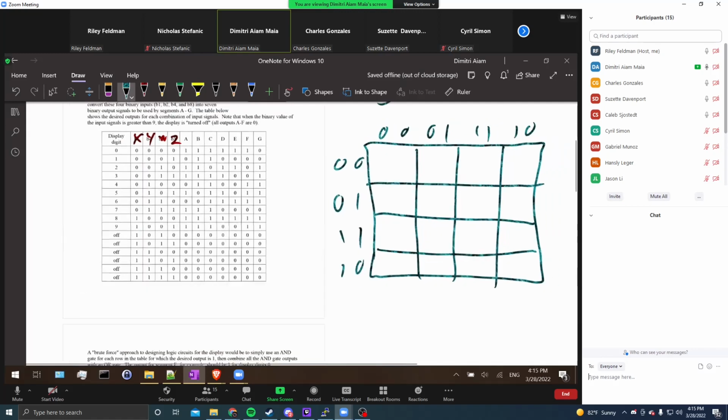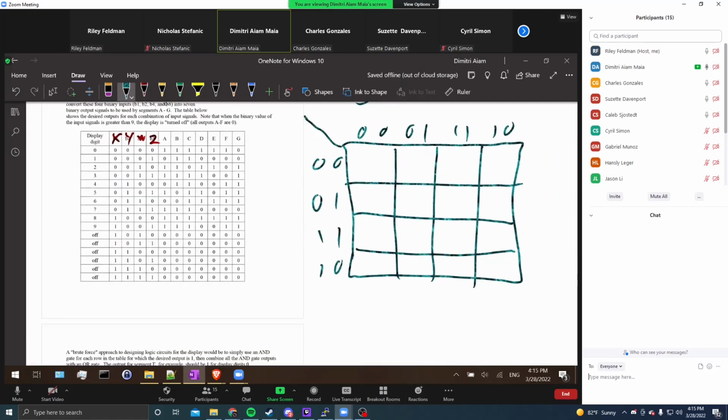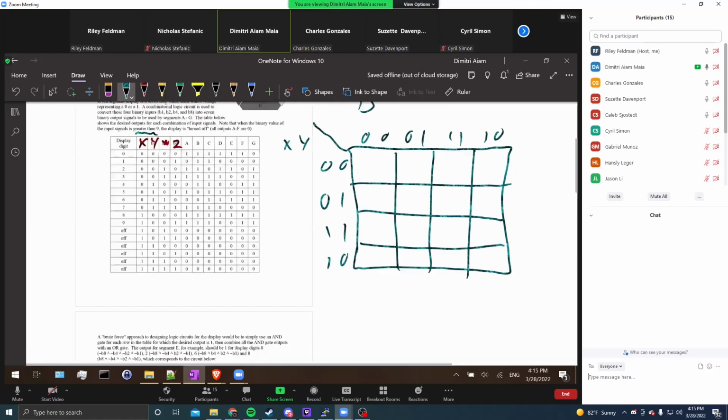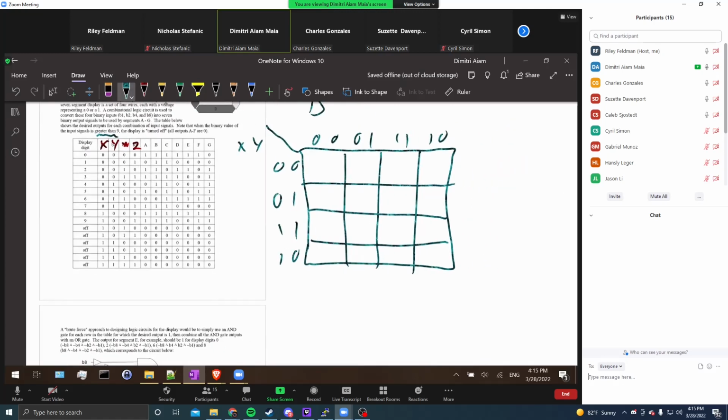So this over here is this pair. This is X, Y. And this over here is the other pair. This is W, Z. To make things easier, you just read it by pairs.